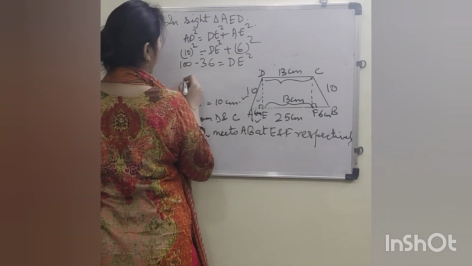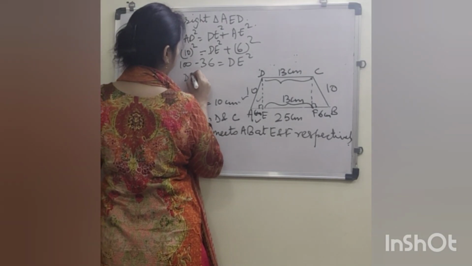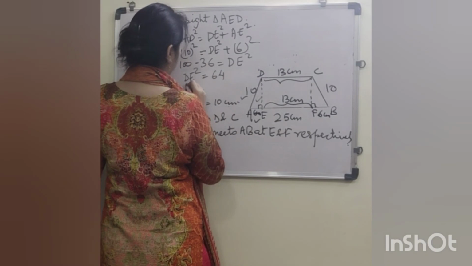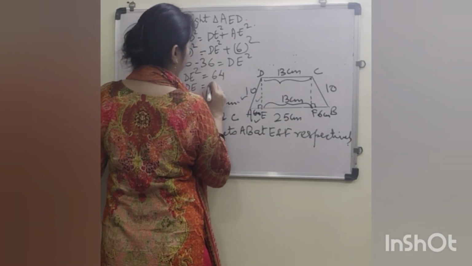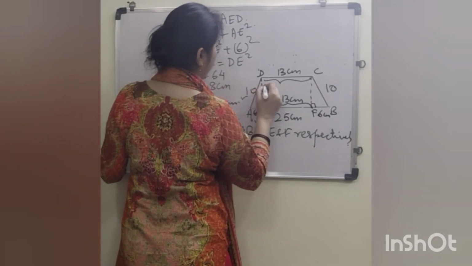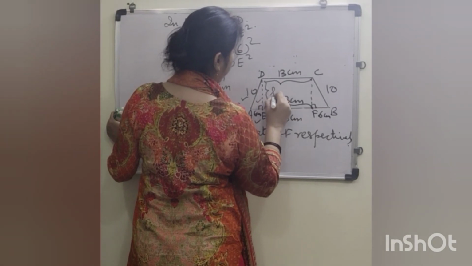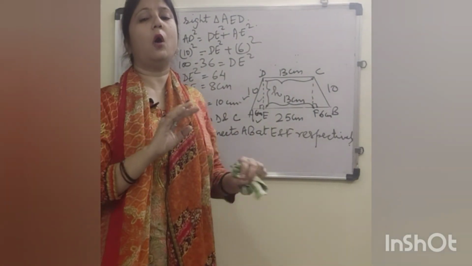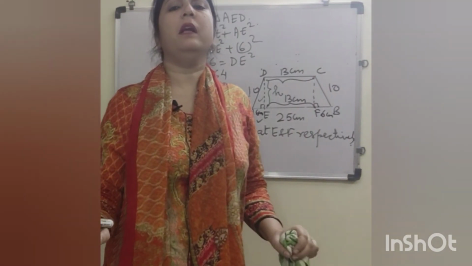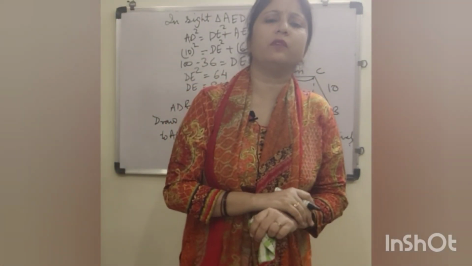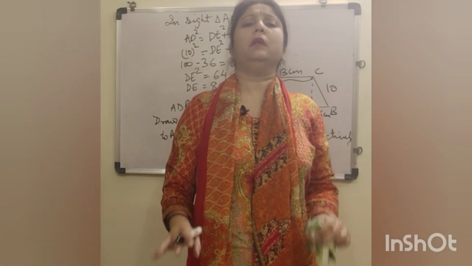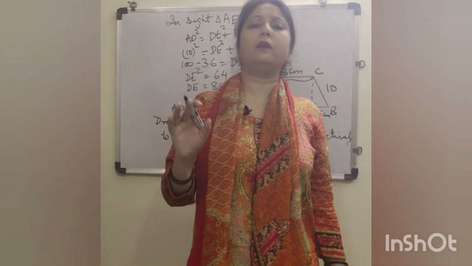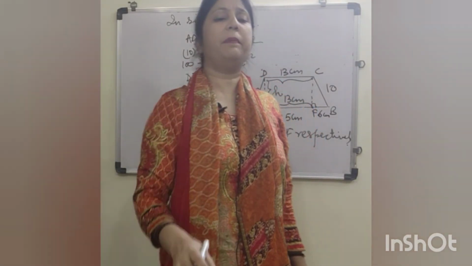So your DE square would be 64. DE is equal to 8 centimeter. That means the height of the trapezium has come 8 centimeter. Now our purpose is fulfilled. We have no business with the rectangle and triangle. We have used them because we wanted to calculate the height of the trapezium.